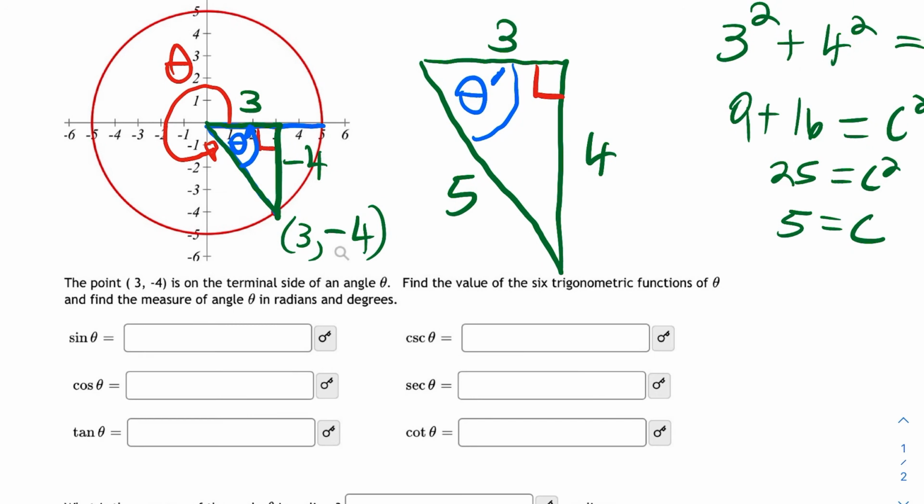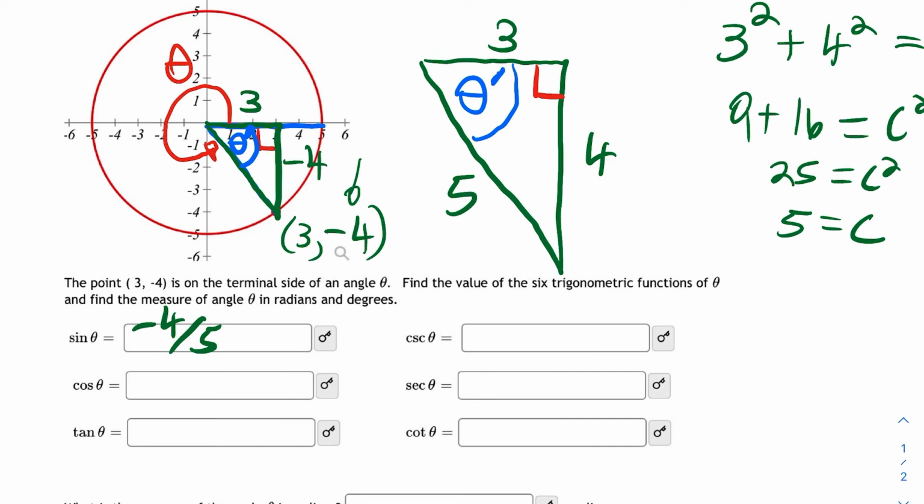For theta prime, which has the same trig functions as theta, except for the sign, because I want to include the signs, I'm going to keep -4 as the opposite side. So the sine of theta would be opposite, which is -4, divided by 5, so opposite over hypotenuse, which is the y value of that point over the radius of that circle.